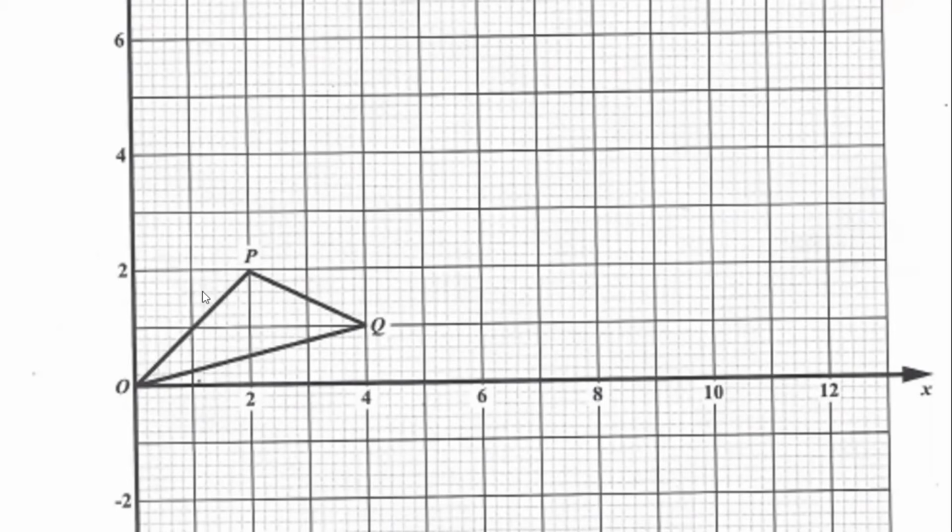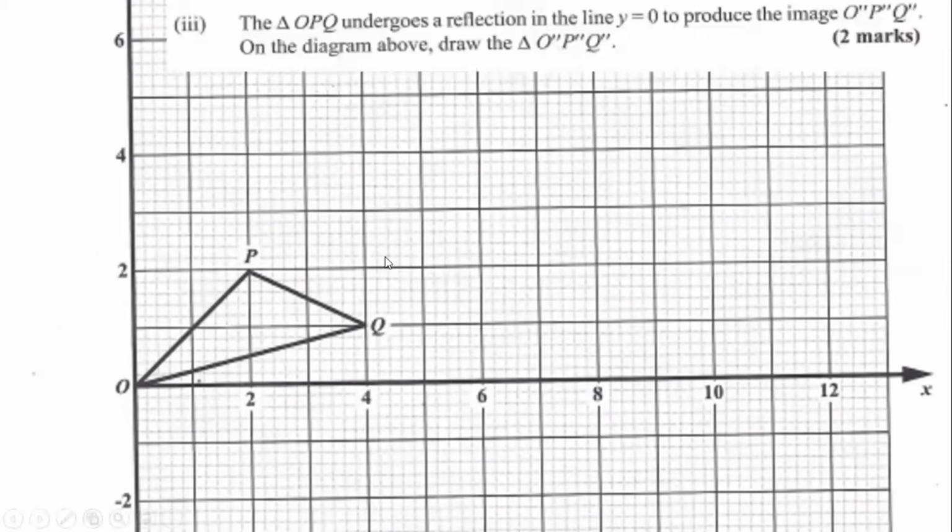So for example, if we're looking at the point right here, the center of enlargement, this is basically 0, 0. So therefore, it will still be the same point on our new triangle. For the point P, the original point of P was 2, 2. So the x value remains unchanged, so we'll still get 2.